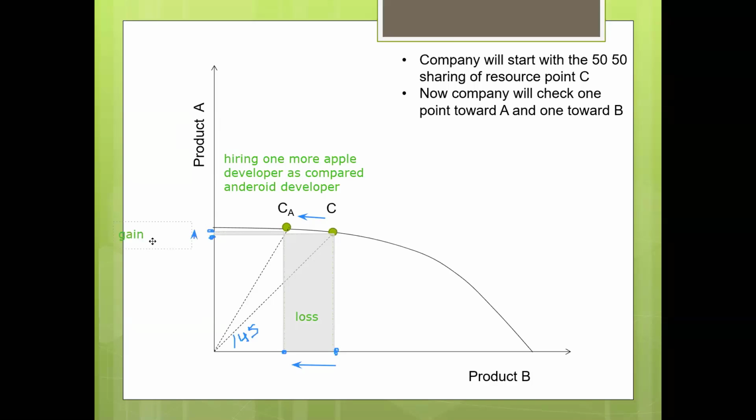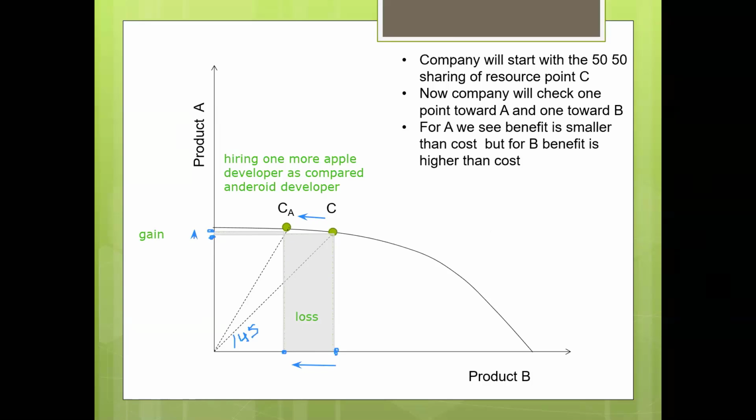You can easily observe that the gain is smaller than the loss. Okay, so on the diagram, for A, we can see the benefit is smaller than the cost. So this point is not good. He should not move towards point CA.